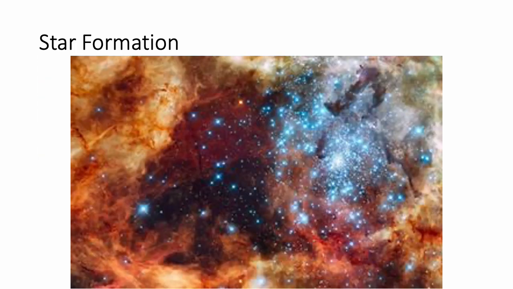A star-forming region can produce a few to even a few thousand protostars, like you see here in this stellar nursery. So this whole region is one big stellar nursery in a molecular cloud somewhere in our galaxy.